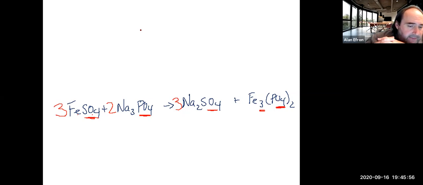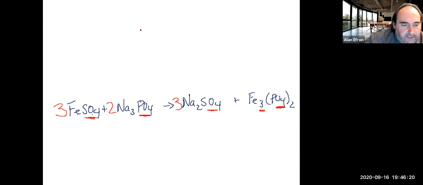It oftentimes will happen a lot faster for you, and it's a lot easier than going element for element. We couldn't do that on the previous ones because we really didn't have polyatomic ions on both sides. But definitely if you have some equations like that, it's usually much, much easier to do it that way. Any questions on that or balancing equations?